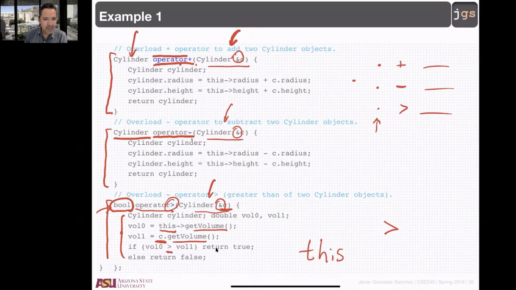Only one thing: this in C++ is a pointer. And because this is a pointer, every time that you want to use this, you do not put the dot here. Like in Java, you use the arrow because it's a pointer. And that's it.